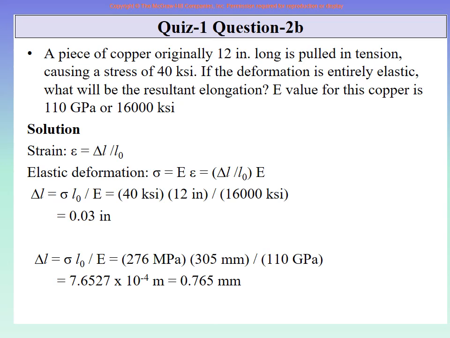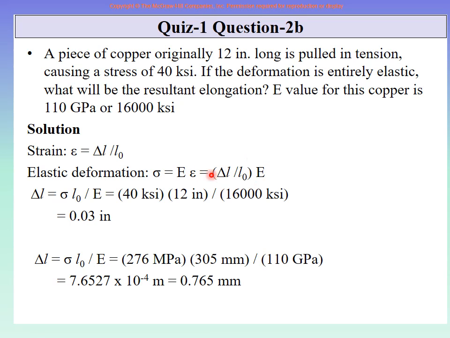So strain is delta L upon L naught. And in the elastic deformation region, sigma is equal to E epsilon. And because epsilon is delta L upon L naught, I can write sigma is equal to E into delta L upon L naught. Now you know the stress, you know the Young's modulus, you know the original length.